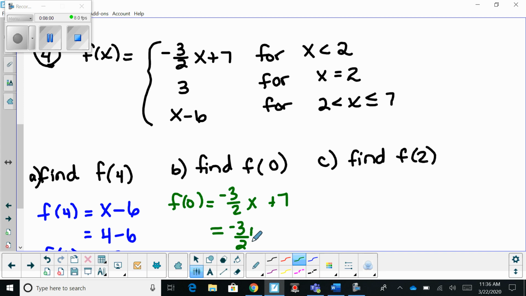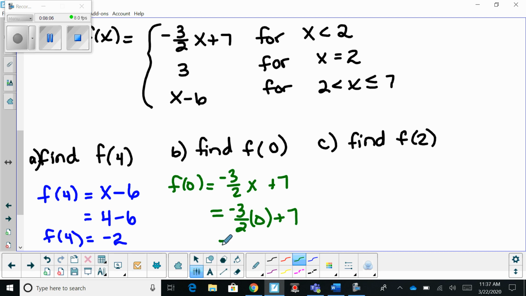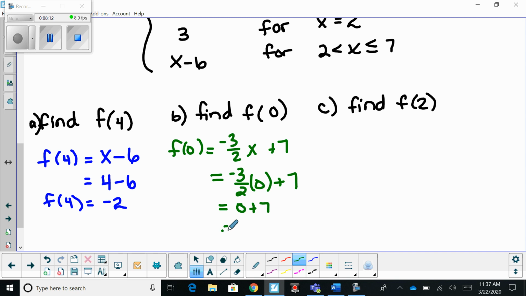Then I substitute in my 0 for my x. Well, anything times 0 is just 0. So 0 plus 7 gives me 7. So f of 0 has a value of 7.